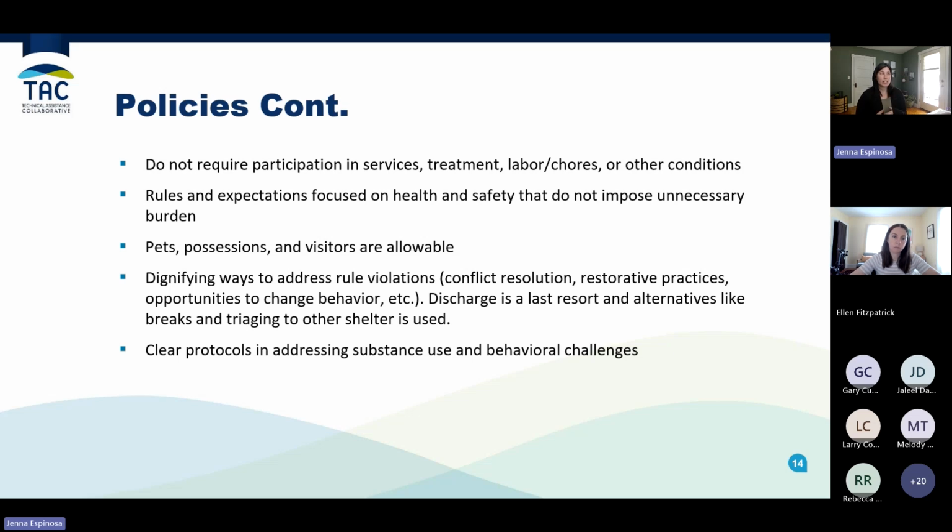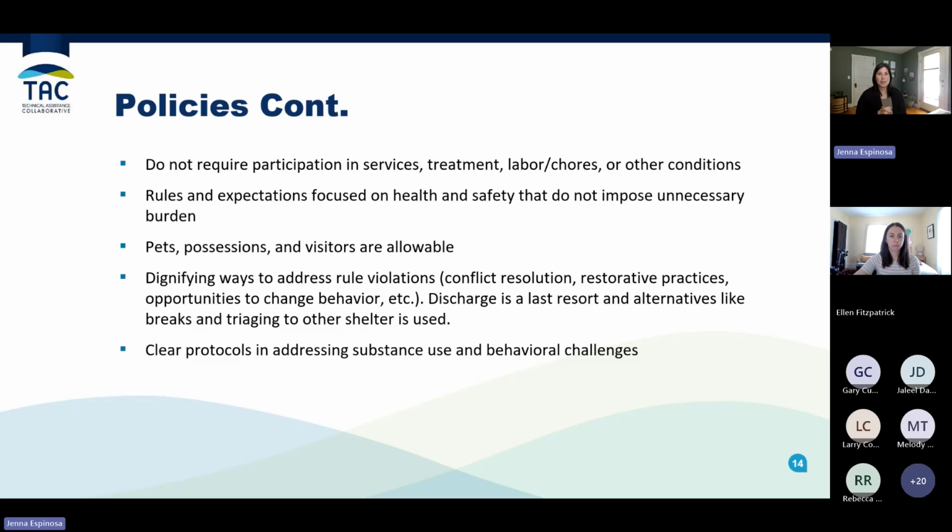Finding dignifying ways to address rule violations. So thinking about how your shelter handles conflict resolution, not having a one-strike rule, thinking through what are some restorative practices, if you all have used restorative justice frameworks in your practice, and then opportunities to adjust behavior. So we're going to talk a little bit about that a bit later as well.